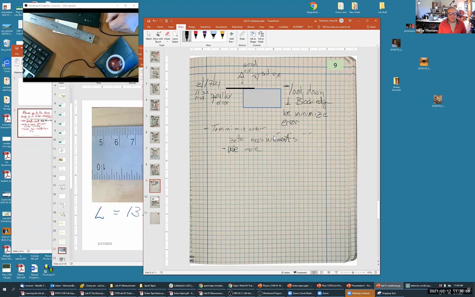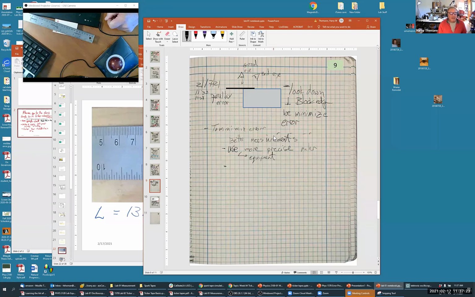We saw that when we used the ruler with the millimeter marks, we could get more decimal places. This is basically under the heading of instruments or equipment, and this is why it's important to describe your equipment.